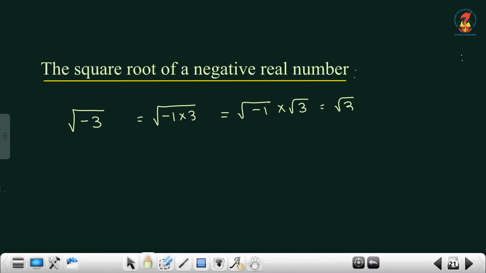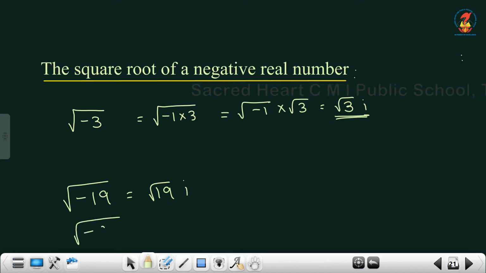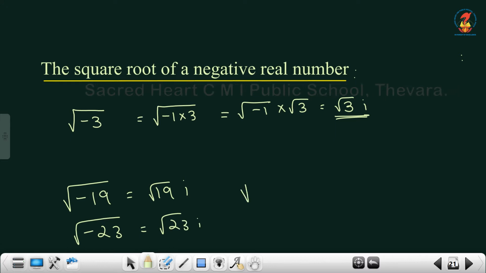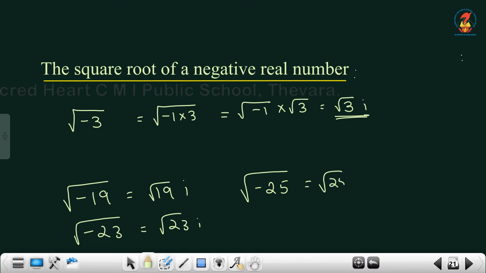So, that is equal to root 3 into this root of minus 1, which is same as i. That way you can write. So, whatever negative number comes inside, we can write as root 19 i. Root of minus 23, that is root 23 i, or root of minus 25, root 25 i, that is same as 5i. That way you can write.